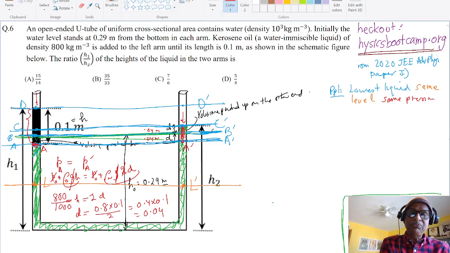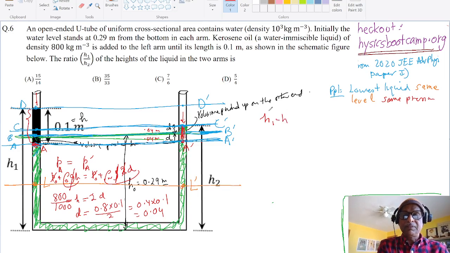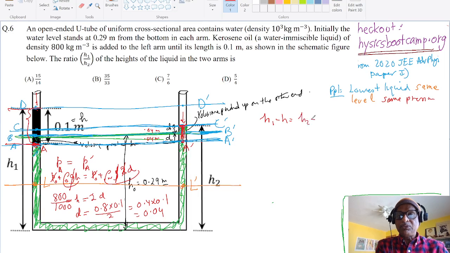Okay, so D is found, but H1 minus H gets this level. Start from D and start from C prime, H2 minus 2D, H2 minus 2D.